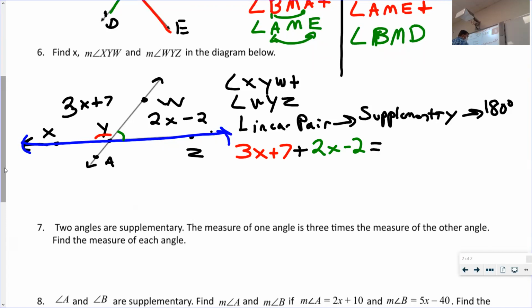And I should know that all adds up to 180 degrees. Again, with my logic chain, I know it adds up to 180 degrees.